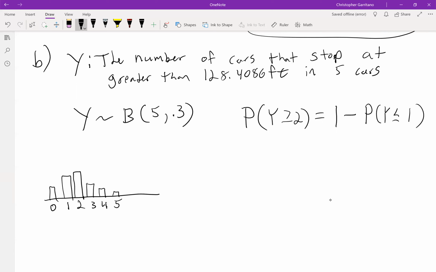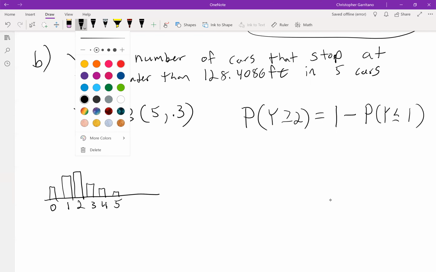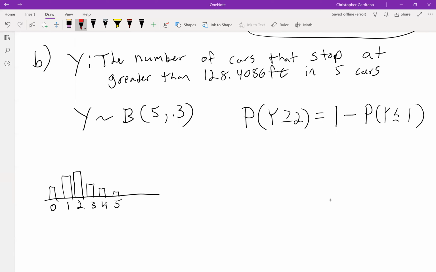So why is it enough to say that the probability that Y is greater than or equal to 2 is equal to 1 minus the probability of Y being less than or equal to 1? Well, I'm going to color in the bars that represent Y greater than or equal to 2. So that's this bar, this bar, this bar, and this bar. So it's taking into account Y equal to 2, 3, 4, or 5. Now, in total, if we take into account the sum of the probability of all the outcomes, the total probability is 1.